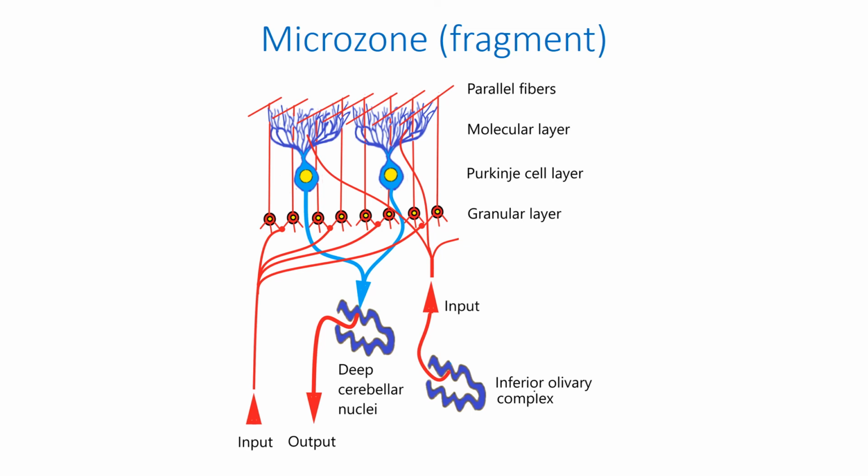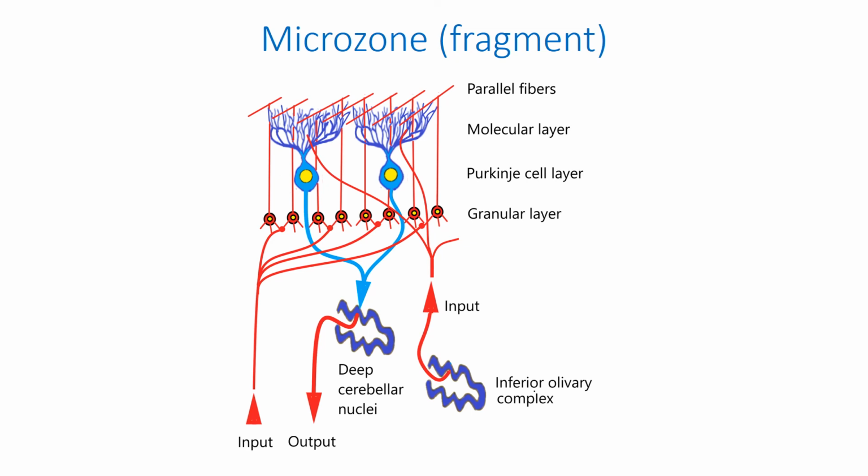Cerebellar zones can be partitioned into several tens of microzones, which are arranged in long, narrow bands oriented perpendicular to the folia. Each microzone is represented by a group of the Purkinje cells having the same somatotopic receptive field.